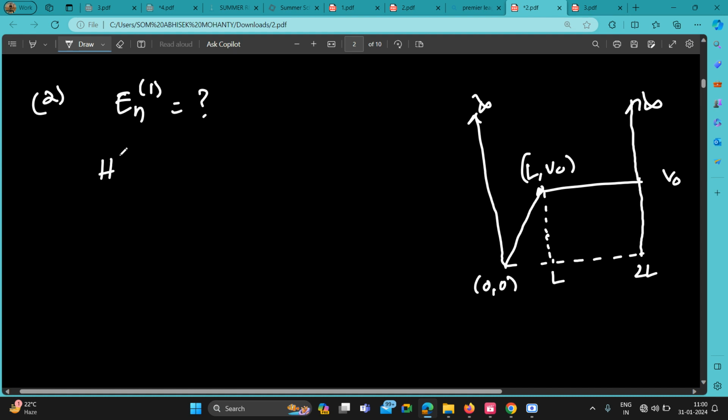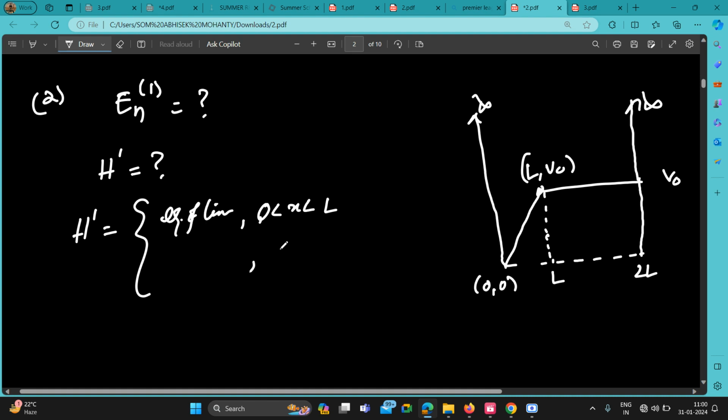Before that, we need to find H dash. If you see here, we have two different lines. So H dash you have to find for 0 to L first, and for that we have to find the equation of the line. Another is L to 2L.